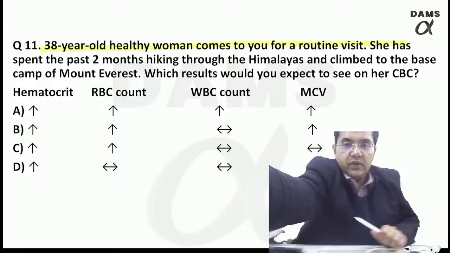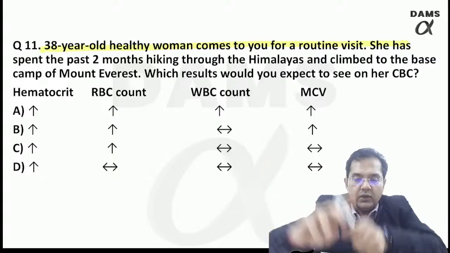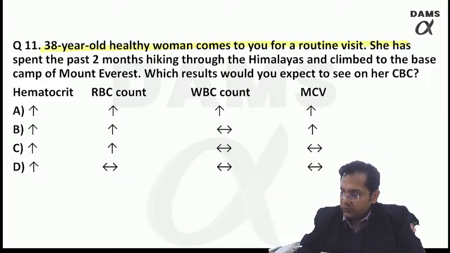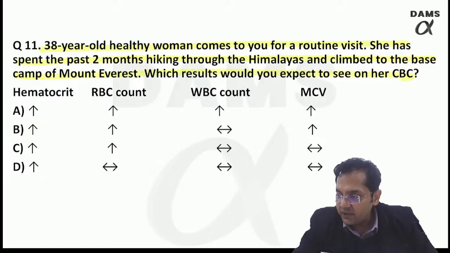She has spent the past 2 months hiking through the Himalayas and climbed to the base camp of Mount Everest. What results would you expect to see on her complete blood count?